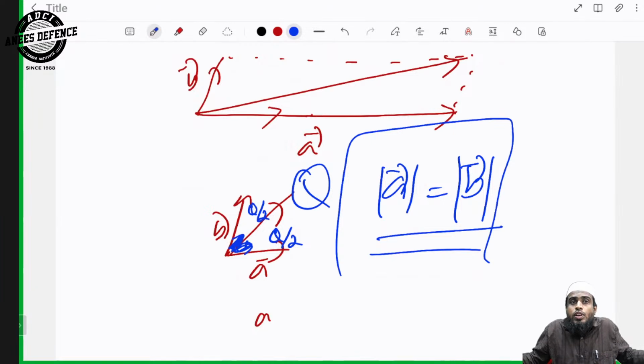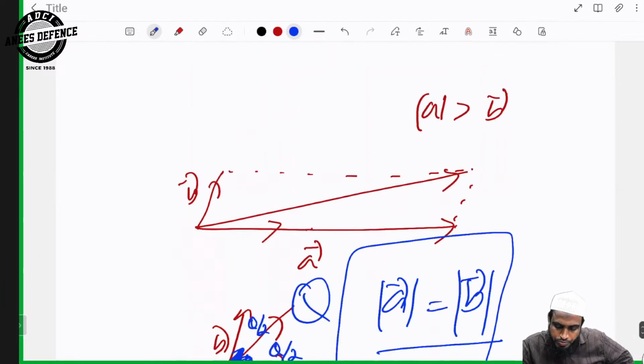So the resultant will not be close towards any of them. It keeps an equal distance from both vectors. Here you can say that the resultant will bisect the angle between the two vectors. In this case only, the resultant will bisect the angle between the two vectors.